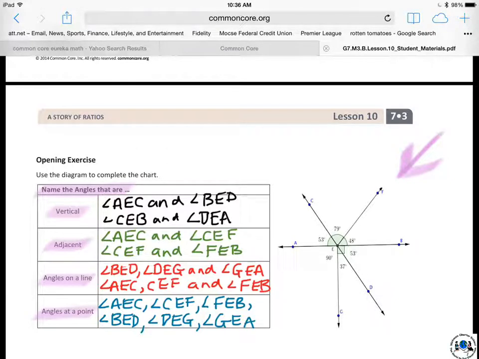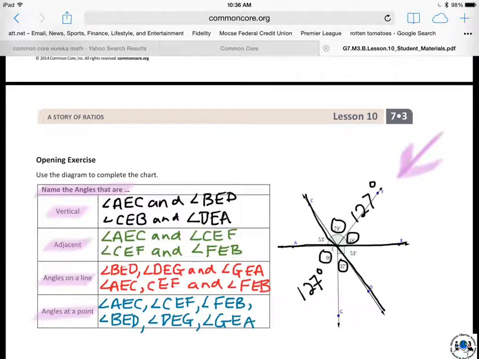Another one we can see is CEB and DEA. That one is maybe not as noticeable, but if you add up the angles, you had 90 plus 37, that's 127, and then 79 plus 48, that was also 127 degrees.